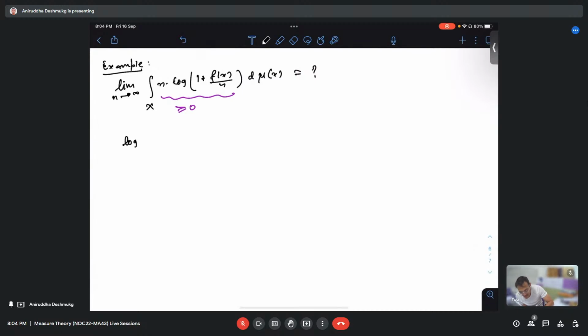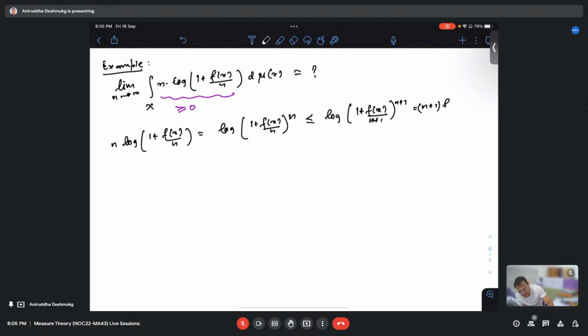Also, n times log of 1 plus f(x) by n is log of (1 plus f(x) by n) to the power n, which is less than or equal to log of (1 plus f(x) by n plus 1) to the power n plus 1, which is n plus 1 times log of 1 plus f(x) by n plus 1. Why is this true? Because log is an increasing function, and this sequence is an increasing sequence.